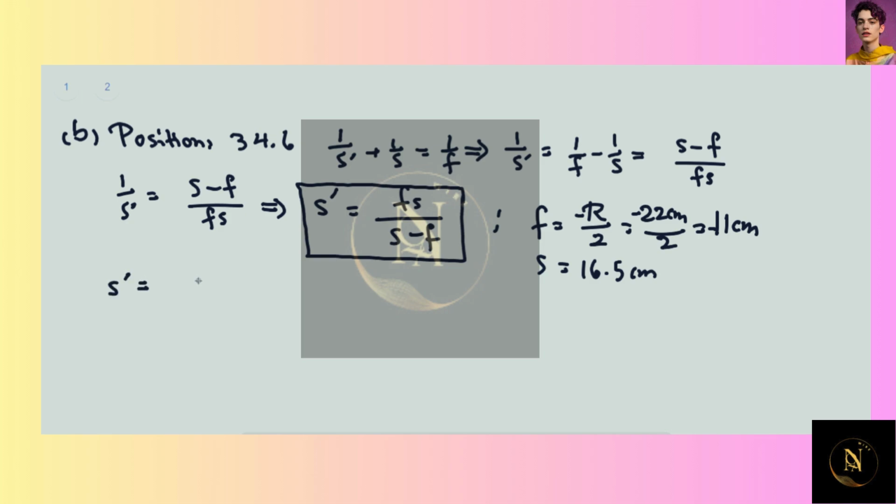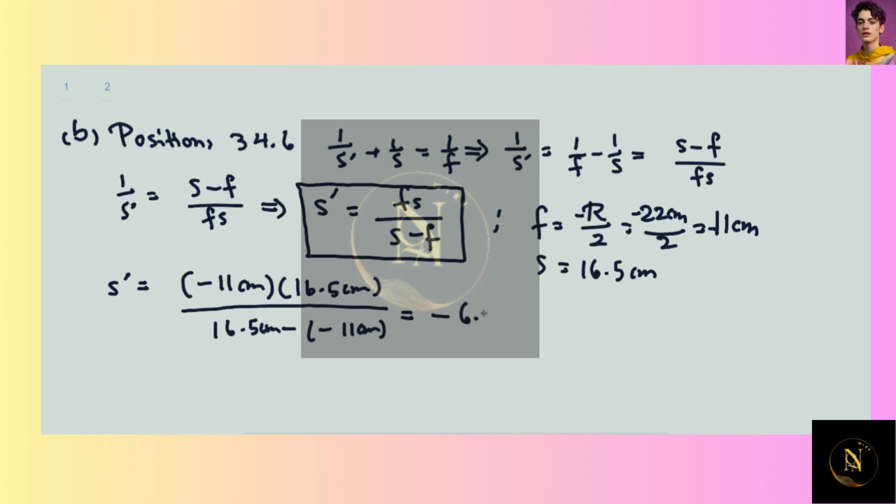So let's plug in the numbers to find s prime. So we have minus 11 centimeters for the focal length times 16.5 centimeters for the distance of the object from the vertex of the mirror, and then we have 16.5 centimeters minus negative 11 centimeters. And if you just run this through your calculator, then you will find that it's minus 6.6 centimeters, and that is the location of the image.